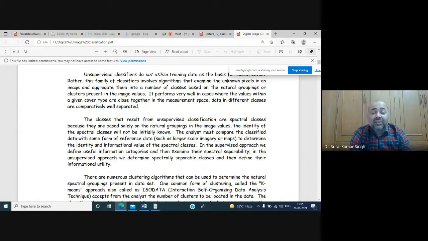But maybe some students, after seeing the success of another group, would like to change their group in order to get success. In the same way, in unsupervised classification also, the pixels are classified into various groups, but maybe some of the pixels are wrongly classified into a particular group.